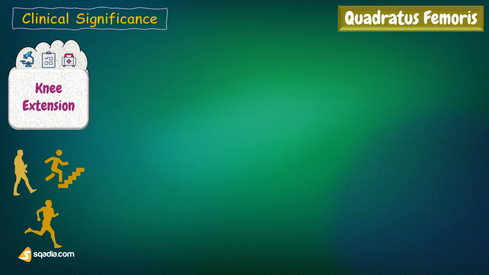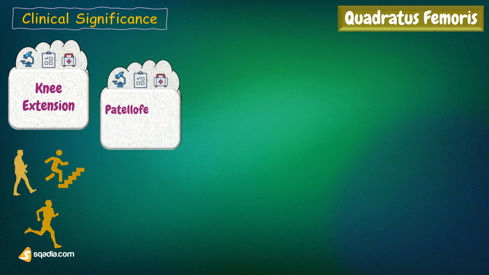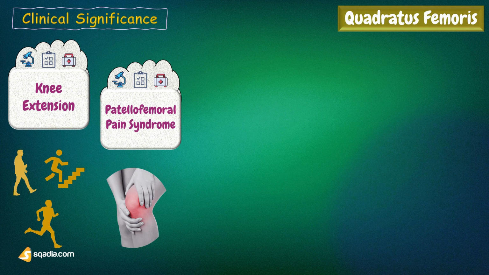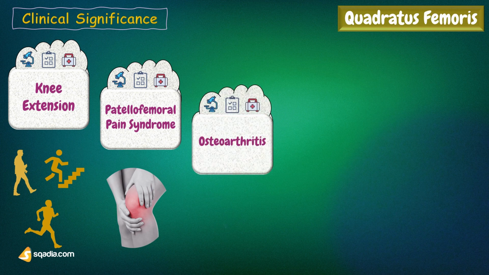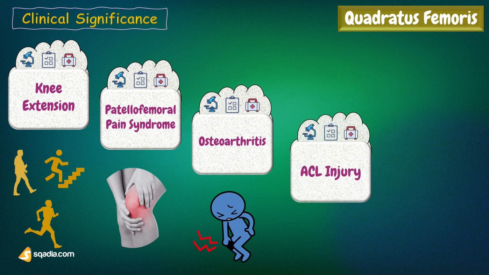Patellofemoral pain syndrome. The quadriceps muscle plays a crucial role in patellofemoral mechanics, and weakness or imbalance of the muscle can lead to patellofemoral pain syndrome, PFPS, which is a common knee disorder. Osteoarthritis. Weakness of quadriceps muscle is associated with an increased risk of knee osteoarthritis. ACL injury.